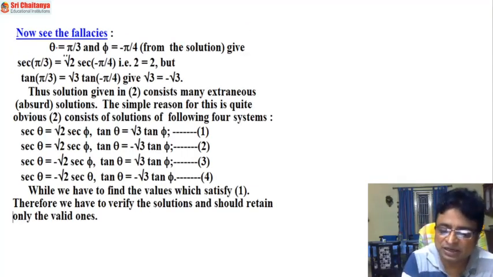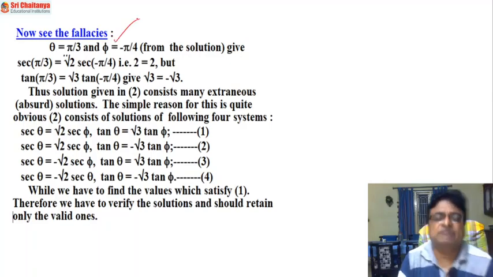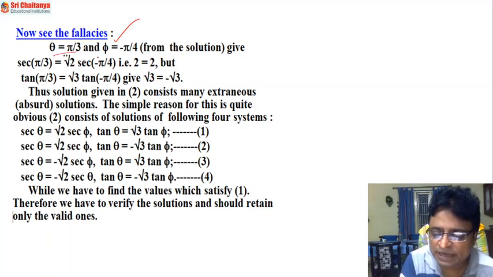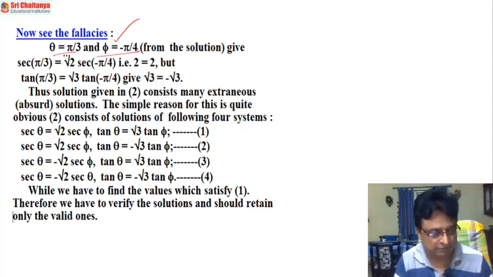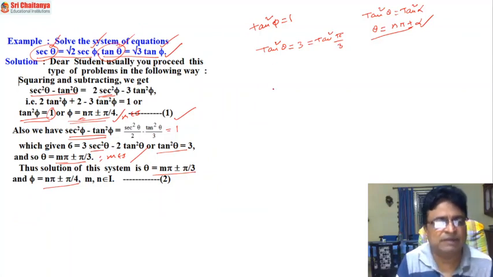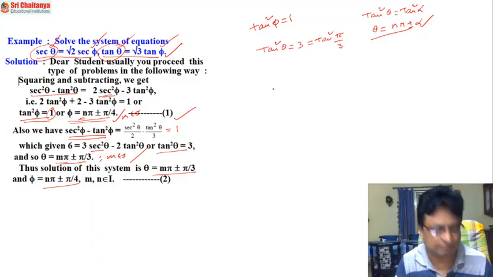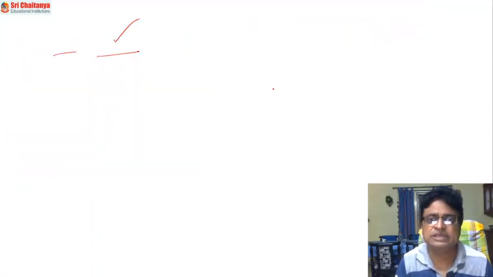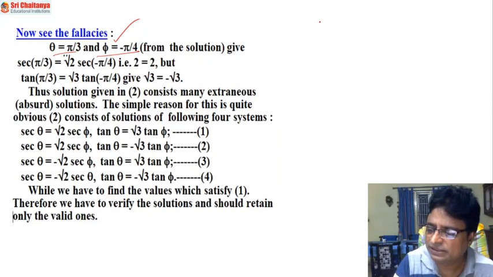Now we are verifying all the cases. If theta is equal to pi by 3 and phi equal to minus pi by 4, what is that? My theta is m pi plus or minus pi by 3, where m is an integer.